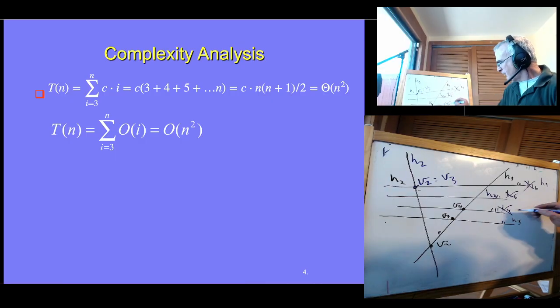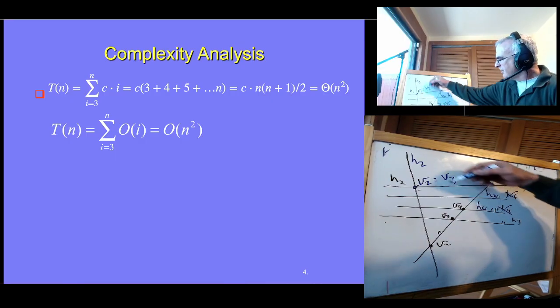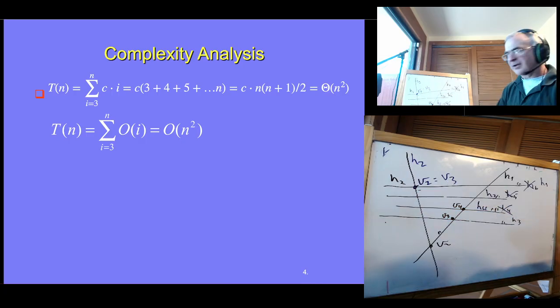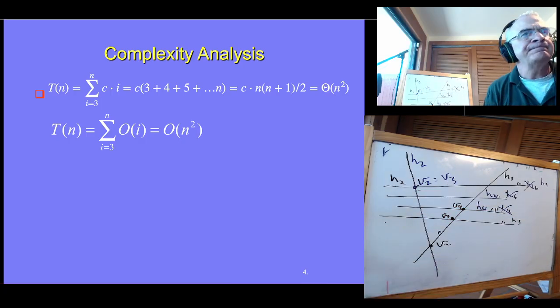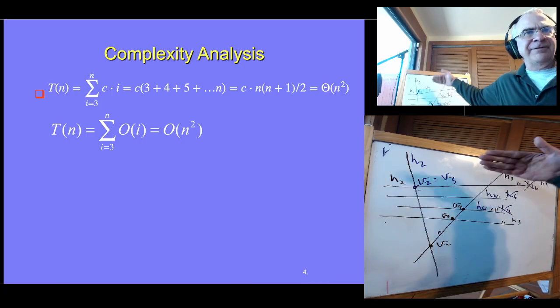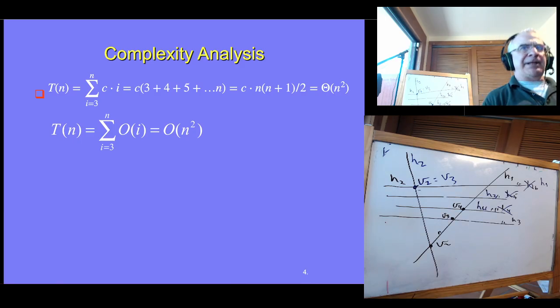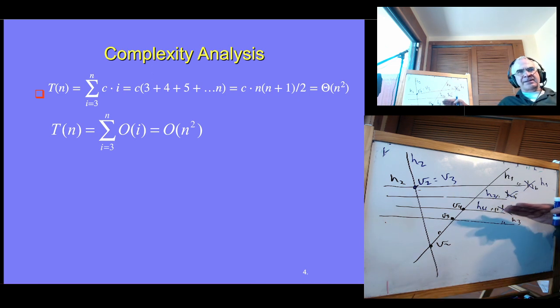And this is a new H4. It doesn't violate V2. Perfect. No violation. So for every future half plane, I don't spend any time. If I would know the order ahead of time, I can save myself a lot of time, which is just the case of if I know the solution, then I know the algorithm that finds the solution. That's the whole problem: what's the right order? But at least you see that the order really affects the running time.